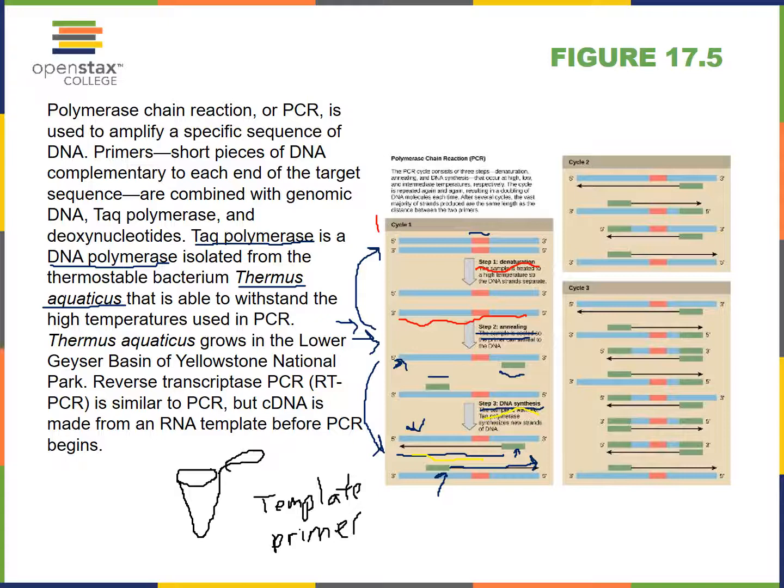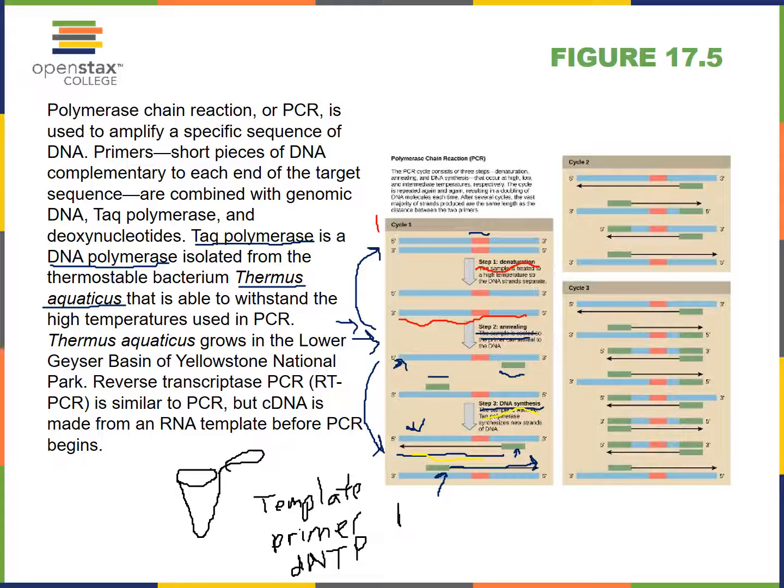You need deoxynucleotide triphosphates, dNTPs. And these are your nucleotides that are the building blocks for DNA so that you can make DNA.